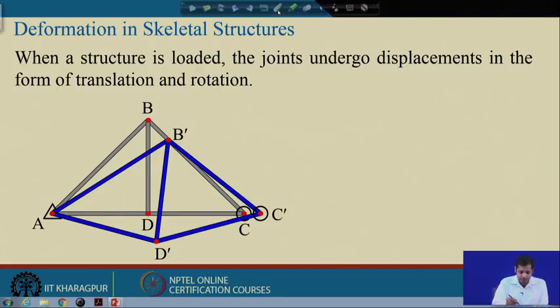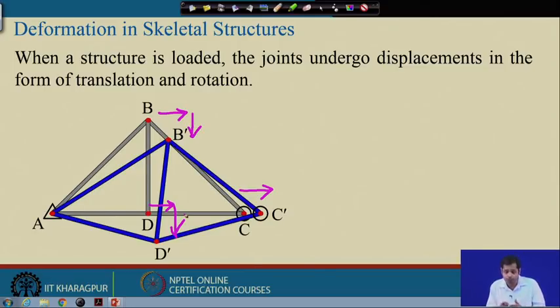So, in this case, what happens? The point B first goes here and then goes here in the form of translation. Point C goes here, and D is a support, it remains the same. Point D goes here and then goes here. So, every joint in a structure moves from its original configuration in the form of translation and rotation.